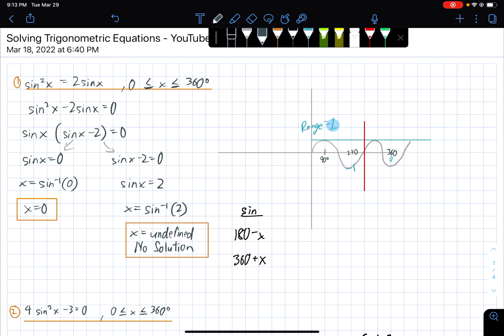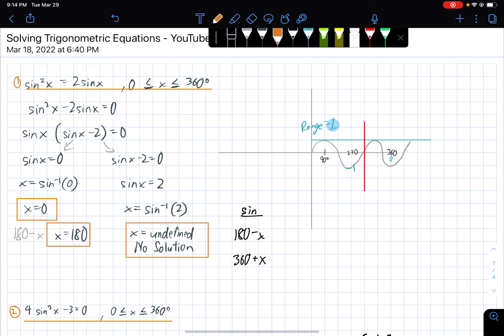Now, in that sense, let's put the formula into action. So 180 minus x is, in other words, 180 minus 0. x is equal to 180. That is our second solution.